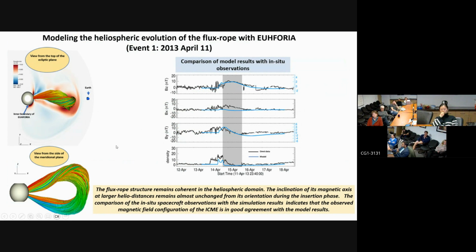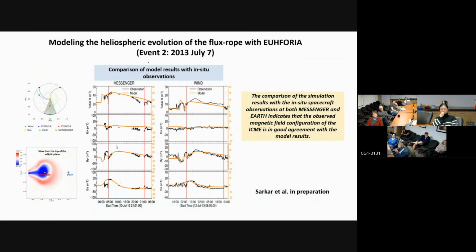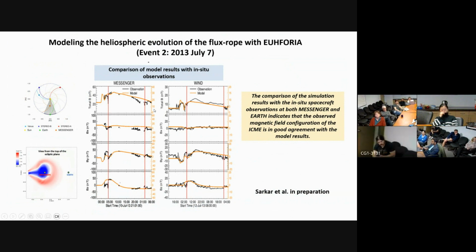We have also performed some analysis with multi-spacecraft events, and we got very good matching. Although the field strengths are not on the same scale here, at least orientation-wise we got good matching. We need to validate it for more and more events to get much more confidence in this method.